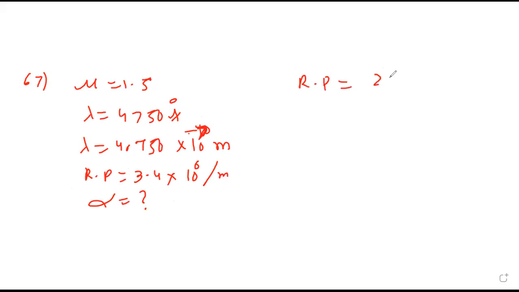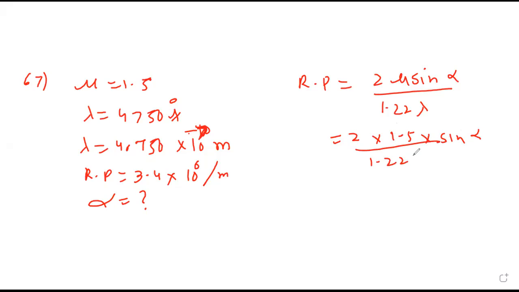See, always remember, resolving power is inversely proportional to wavelength. Then you will never make a mistake. That means if you increase wavelength, resolving power will decrease. So 2 into 1.5 sine alpha upon 1.22 lambda, with lambda 4.750 into 10 raised to minus 7, equals the resolving power 3.4 into 10 raised to 6.